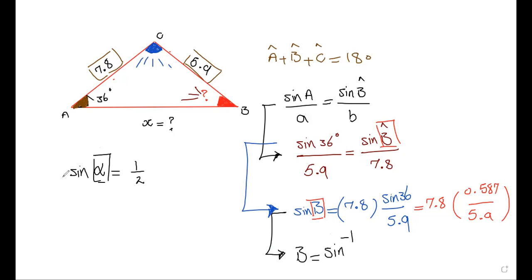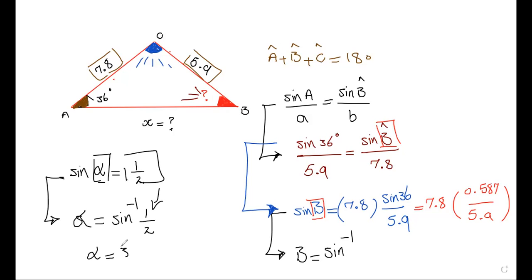You go to your calculator and say alpha equals sine inverse, sine -1, on your calculator, and you put this value right in front of it. And alpha becomes, for example, 30 degrees. That makes sense?